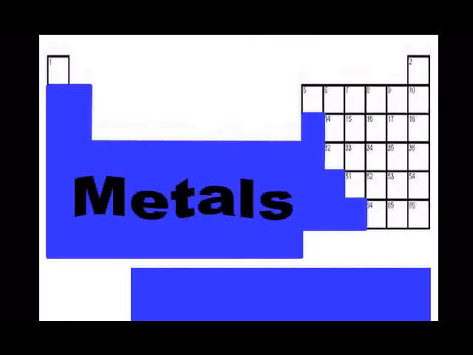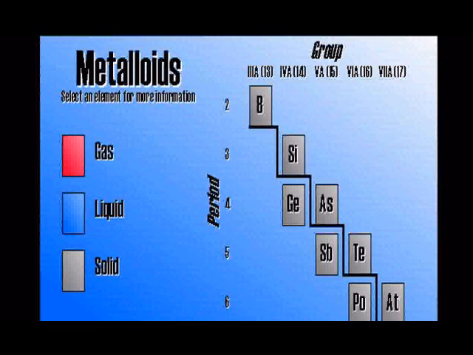Moving over from the metals are the metalloids. These metalloids are found on the staircase, the zigzag boundary line that exists between the metals and the nonmetals. Most often we would see a very dark line running down our periodic table. And our metalloids are the elements that are on either side of that solid line, except for, in period 3, aluminum and silicon.